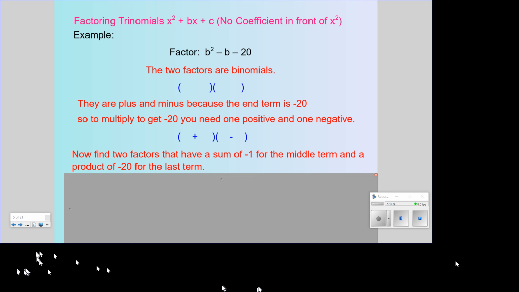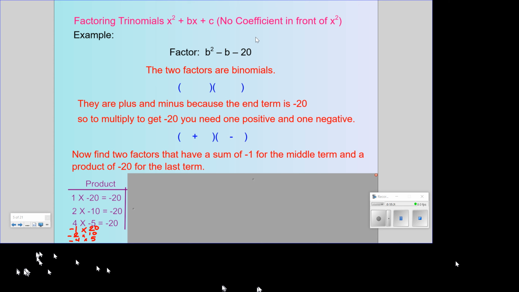Okay, so we want factors of negative 20. Those could look like 1 times negative 20, 2 times negative 10, or 4 times negative 5. It could also look like negative 1 times positive 20, negative 2 times positive 10, and negative 4 times positive 5. So you can see how quickly a list of factors can grow.